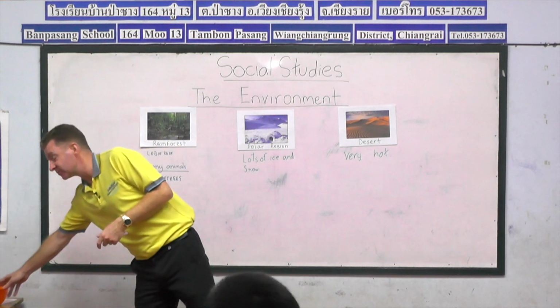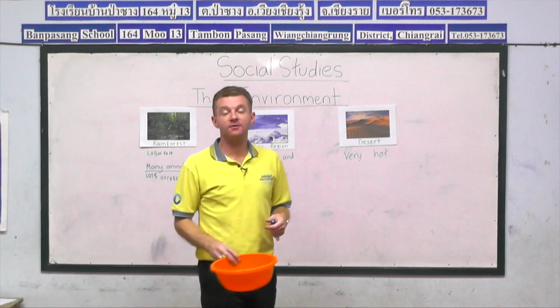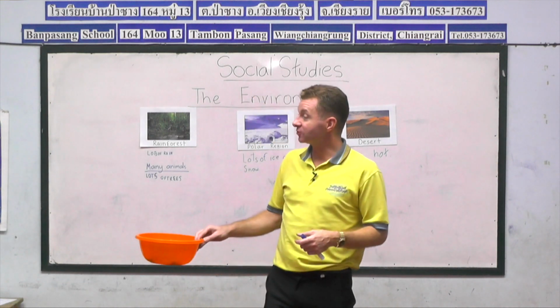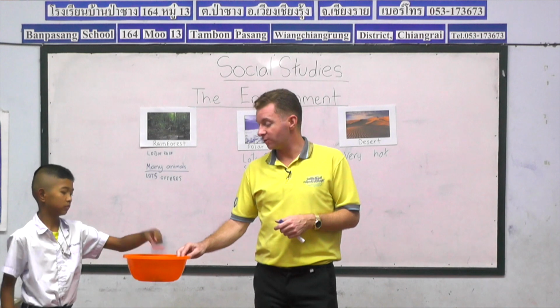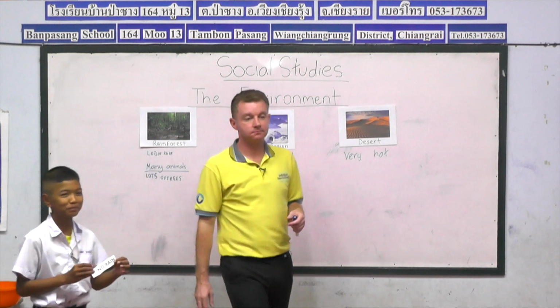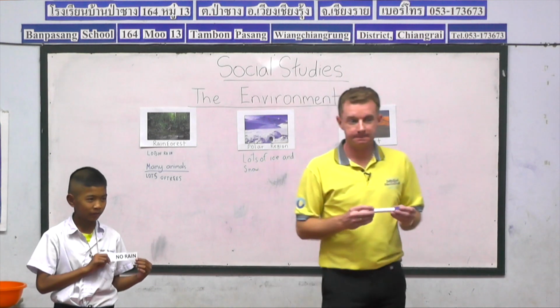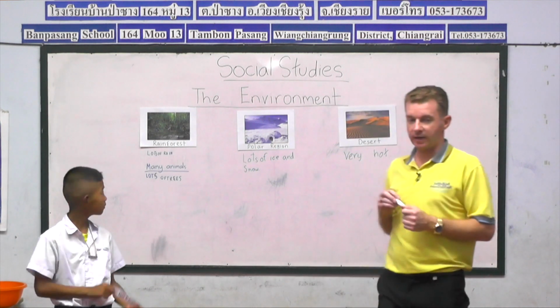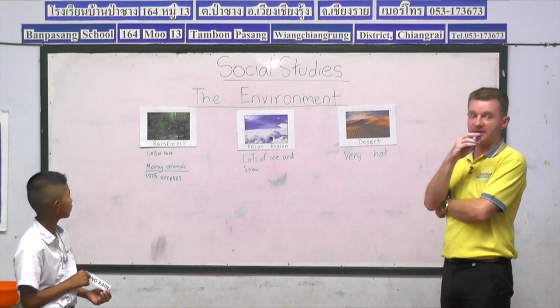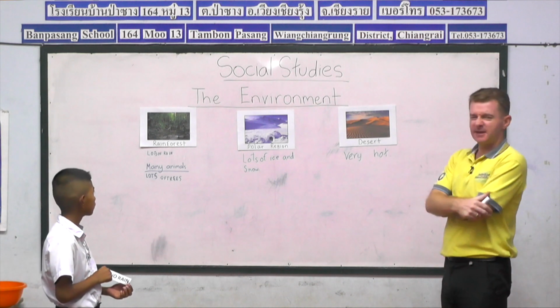And now it's the turn of Pat. So Pat, come and join me at the front of class, please. And choose a flashcard to show your friends. What does this one say? No rain. Okay, so where do we think we get no rain at all? The desert, yes. Does it look like it rains here?